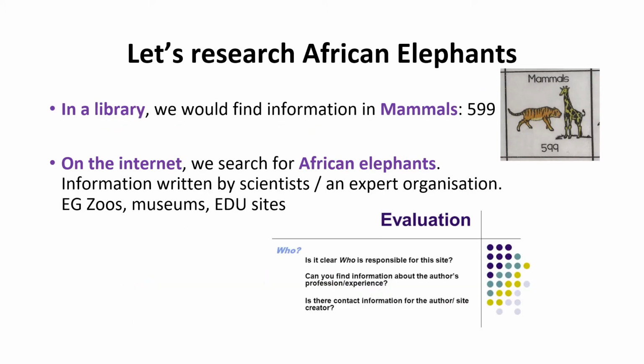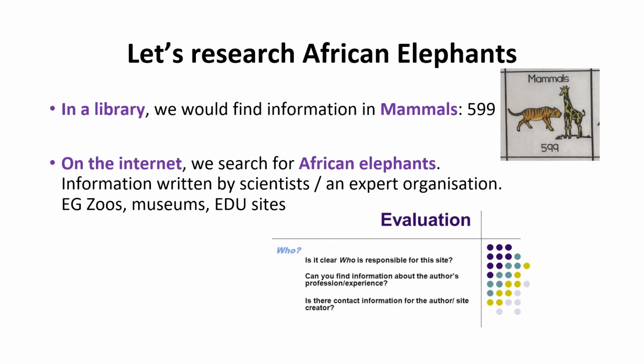So for example, if we were to research African elephants in a library, we're going to find African elephants in the mammals section at 599. So we're going to find it by category, and then within that section of mammals, we might find an elephant's book, or we might find elephants in a section of a book. But on the internet, we go searching straight for African elephants, and we're interested in whether the information is expert.